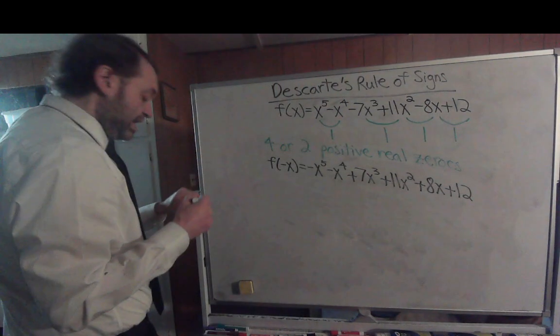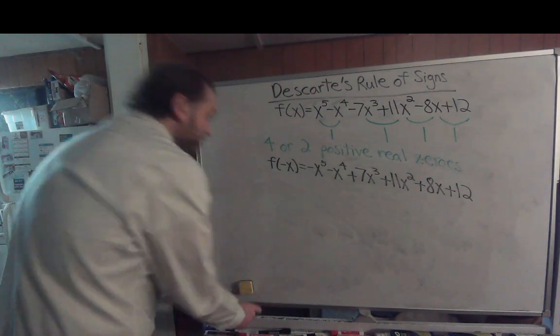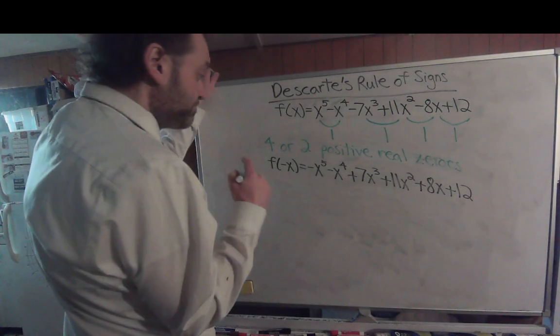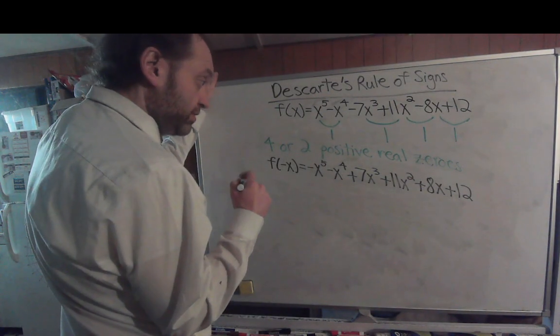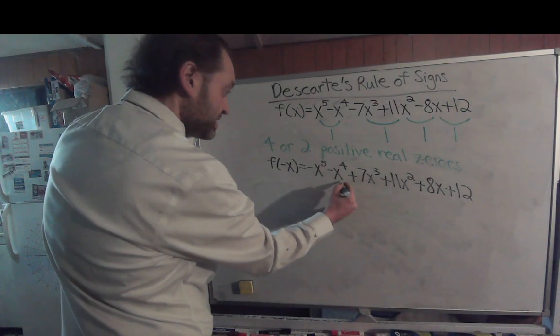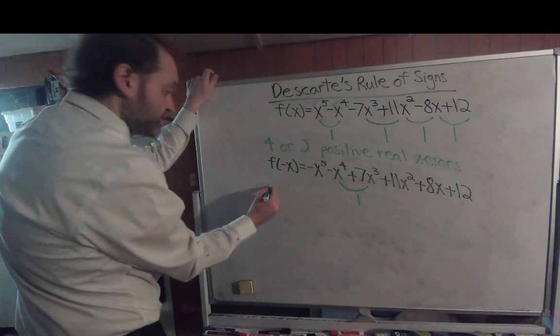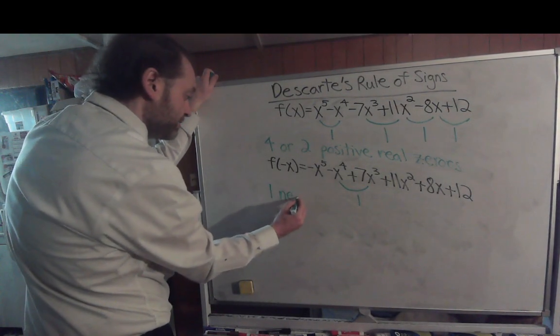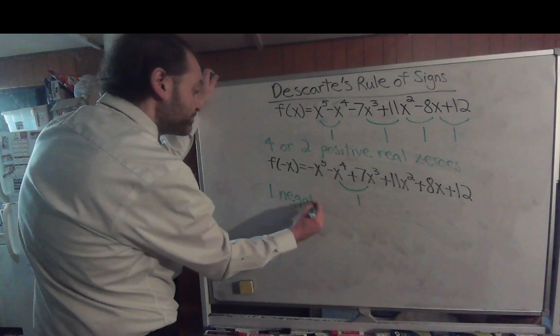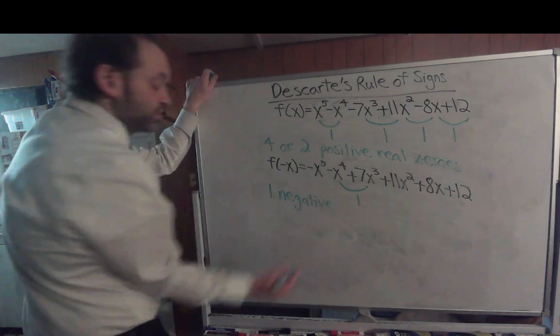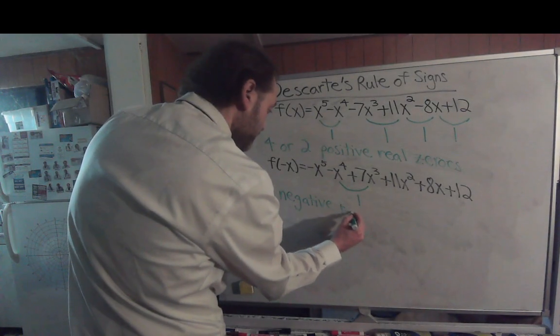All right, let's see how many sign changes we have in f of negative x. Well, it would appear the only one is from negative x to the 4th to positive 7x to the 3rd, which tells you that there is one negative real zero.